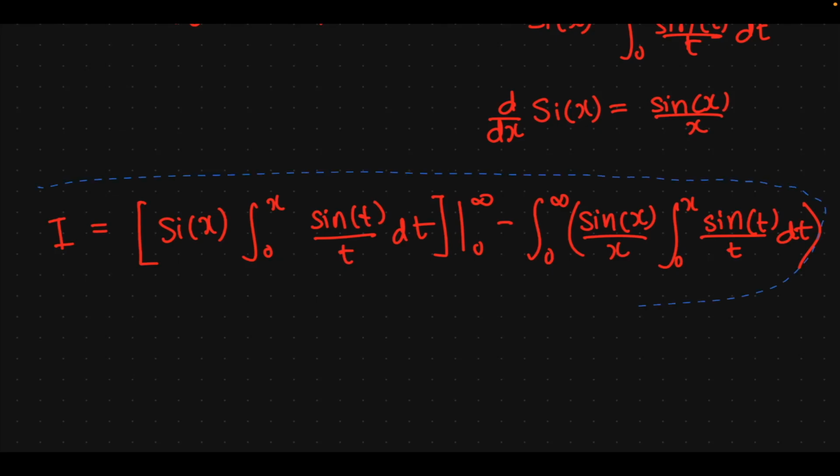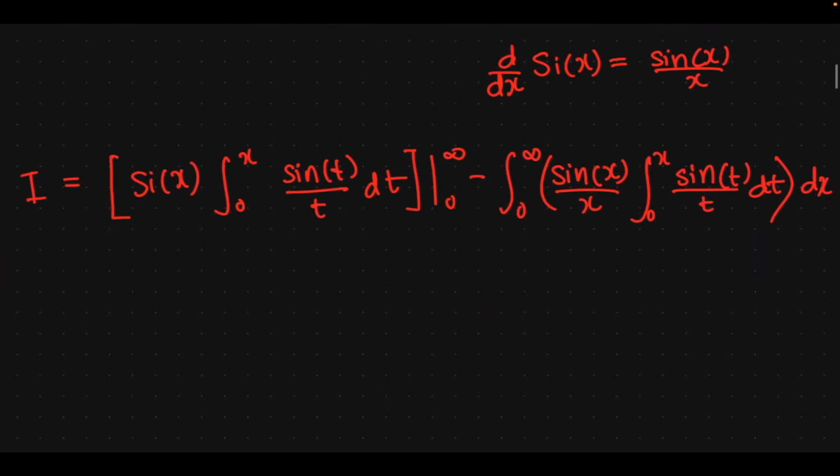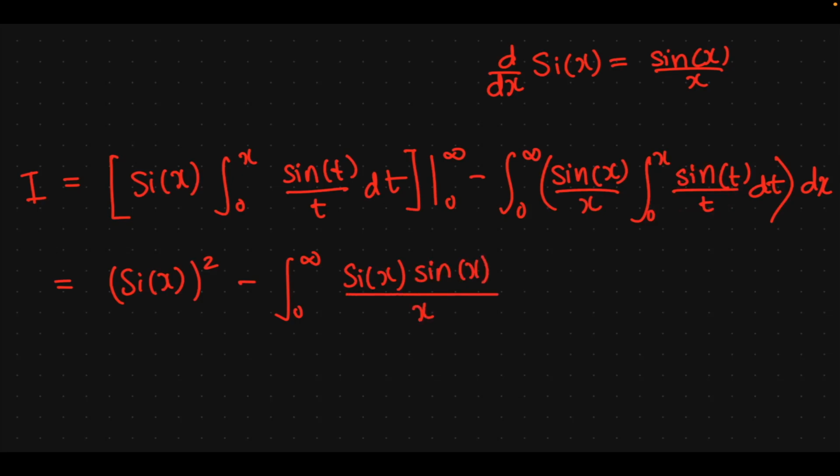So in the first term, we have Si(x), and this is also an Si(x). So we get Si(x) the whole squared, minus the integral from 0 to infinity of Si(x) from this second term, times sine of x over x dx.